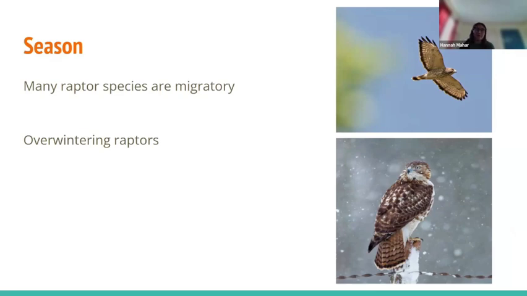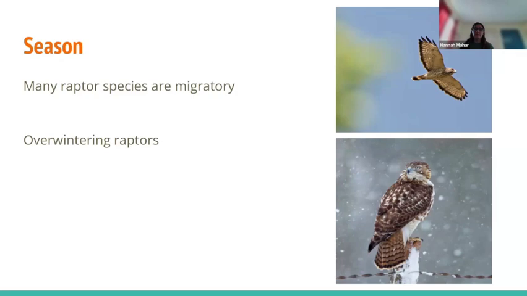In the top picture, you can see our broad-winged hawk, and the broad-winged hawk in the breeding season will spend their time in much of northern US and Canada, but during the migration season, we'll see them move down through the US, through Central America, and into countries like Venezuela, Colombia, a lot of the countries that encompass the Amazon rainforest. That's often where they will overwinter.